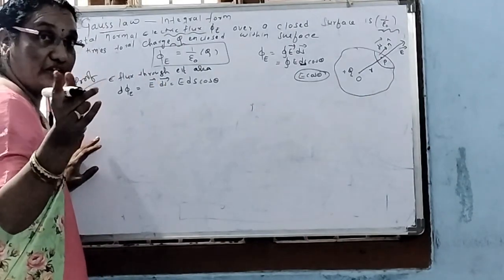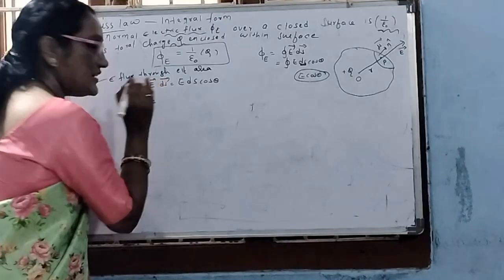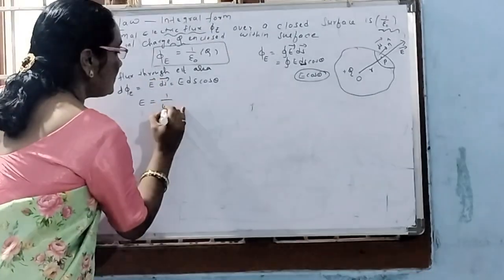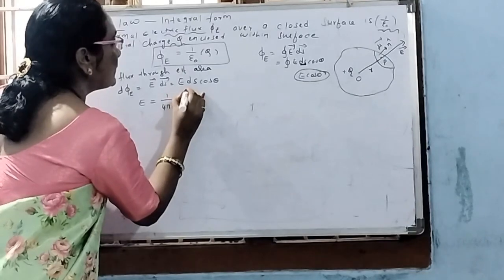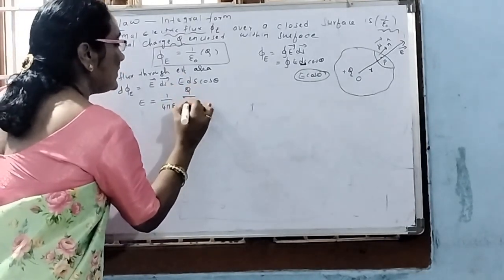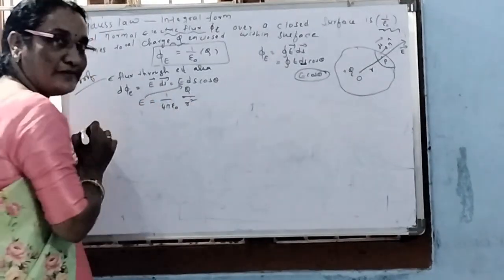Now in my last video, we found the value of electric field intensity at a point, that is 1 by 4 pi epsilon naught times capital Q by r square. Now let us substitute this here.